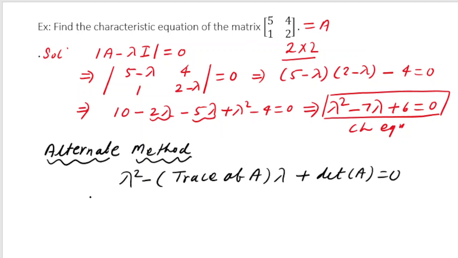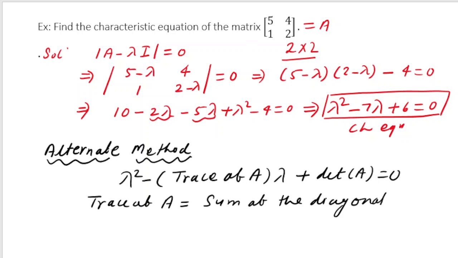Trace of a matrix is defined as the sum of the diagonal elements.